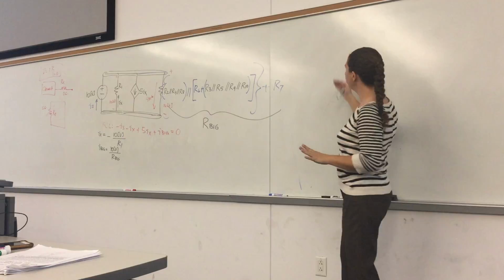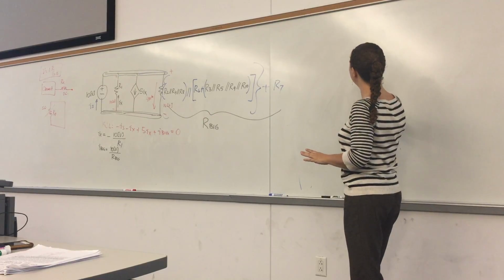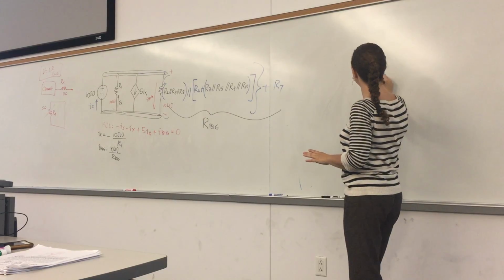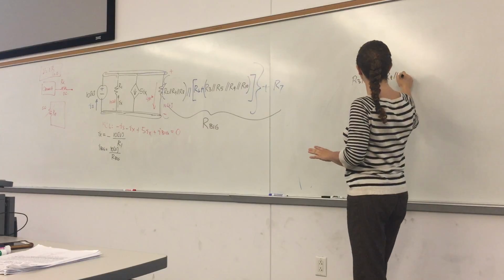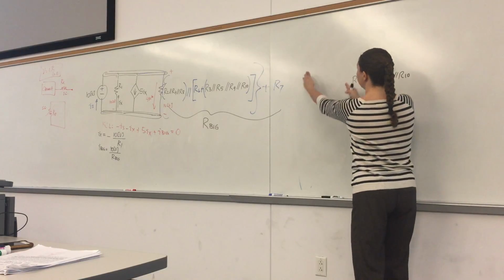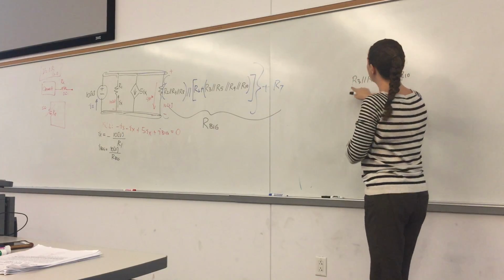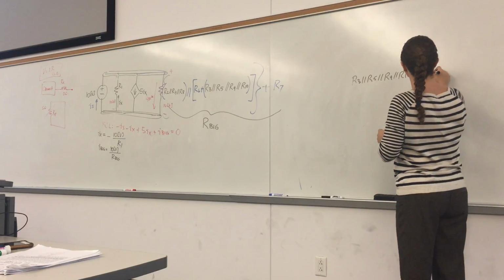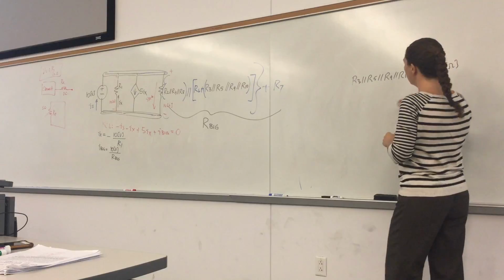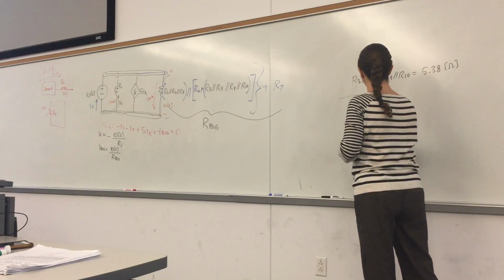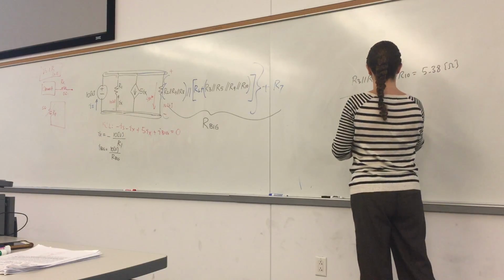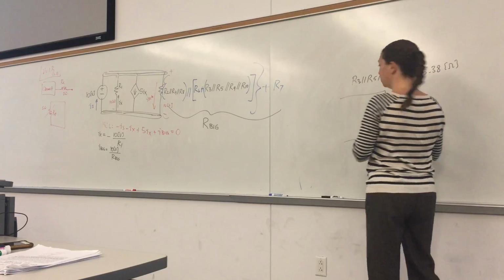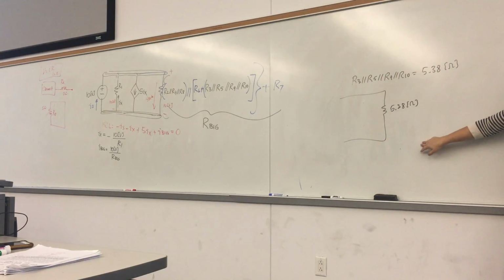You redraw, and then you've got R3 in parallel with R5, R9, R10. Then at that point, just next to your circuit, you should write down R3 parallel R5 equals, let's say, 5.38 ohms. And in your drawing, you should put 5.38 ohms. That's how you should show your work, okay?